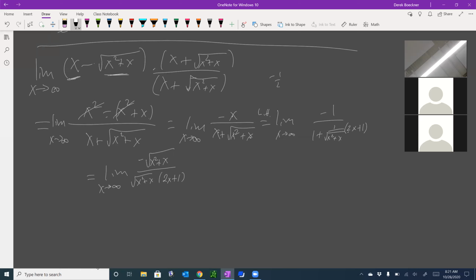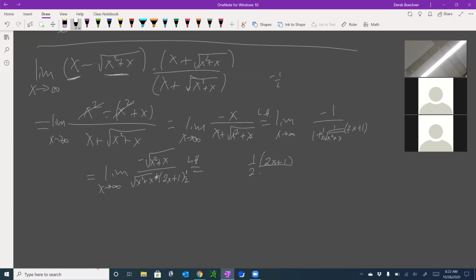Oh, never mind. No, that's a plus, isn't it? I'm missing that. That's a plus. That makes things slightly easier. Okay, let's use L'Hopital's rule again. Maybe. I've got 2x plus 1 on top over, I'm missing a 1/2 somewhere too, aren't I? There should be a 1/2 there. And that 1/2 goes there.